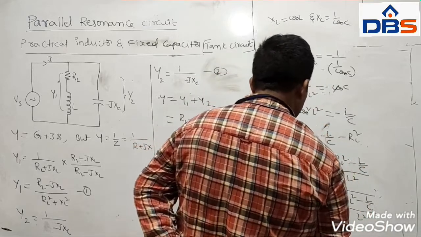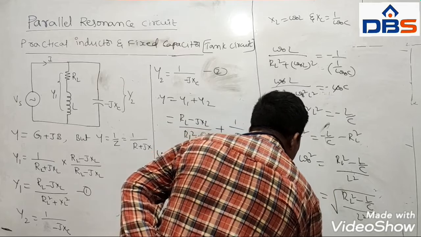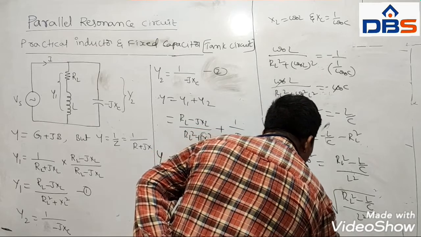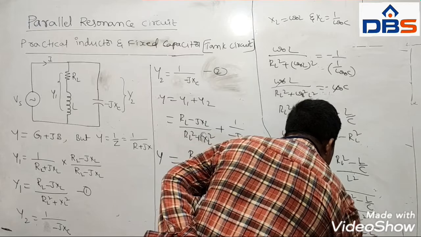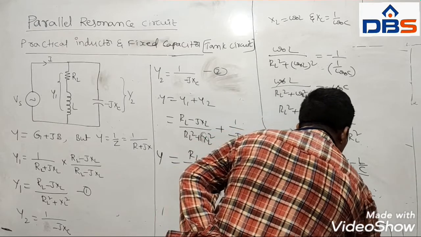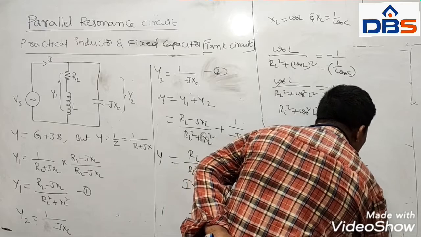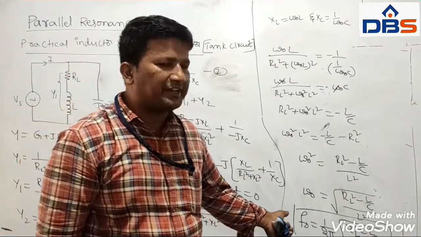Now put omega naught equal to 2 pi F naught. So F naught is equal to 1 by 2 pi times the square root of (RL square minus L by C) by L square. So this is the resonant frequency of a tank circuit.